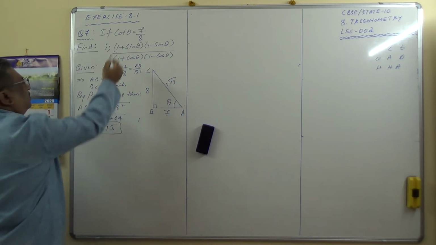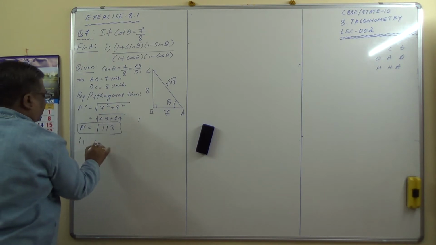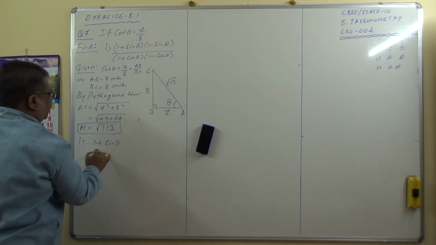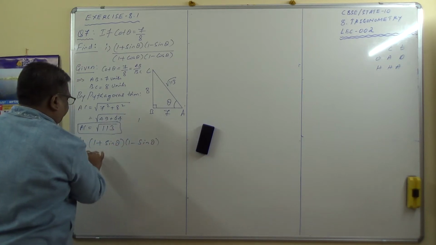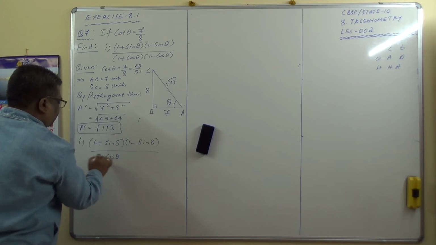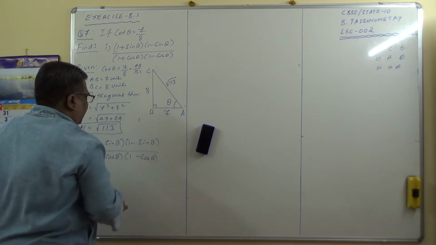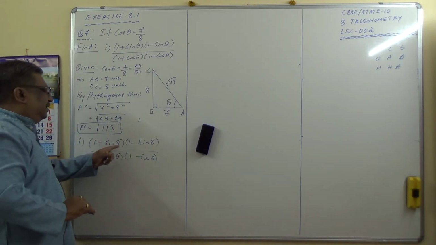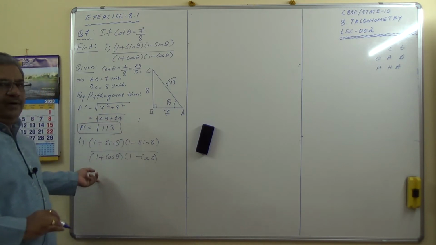Okay, so let us take up now the first one, to evaluate 1 plus sine theta into 1 minus sine theta, the whole divided by 1 plus cos theta into 1 minus cos theta. Either I can substitute directly here sine theta and try to get it, but let me apply the identity over here.